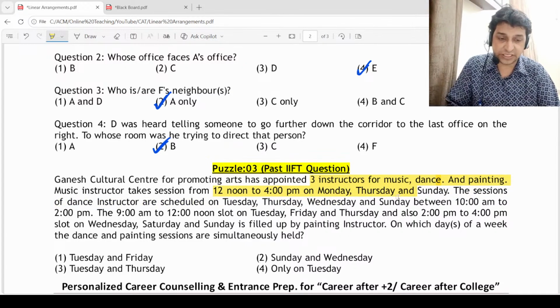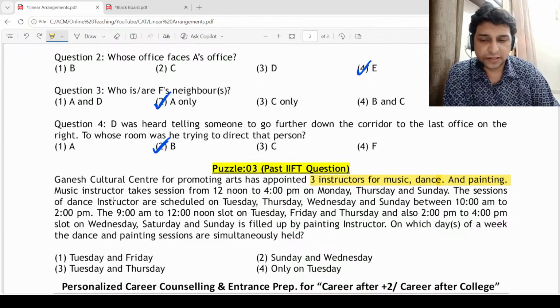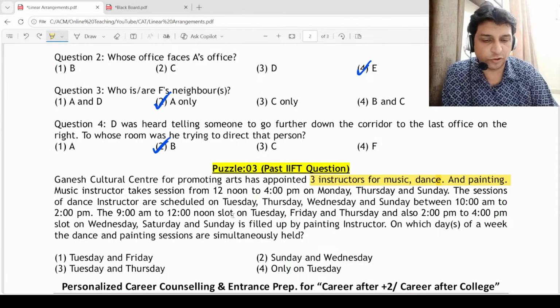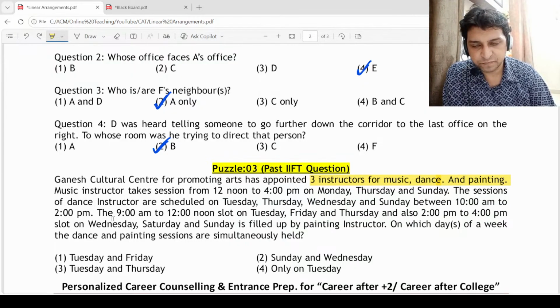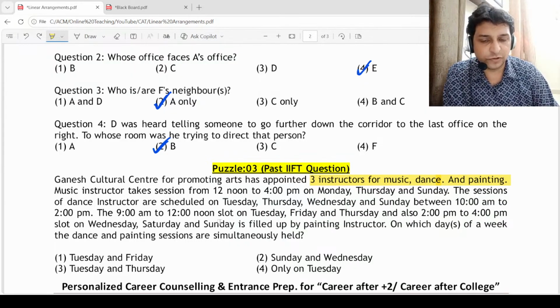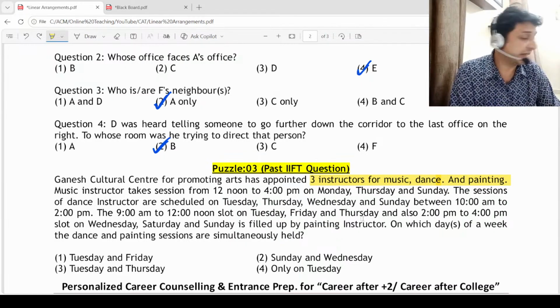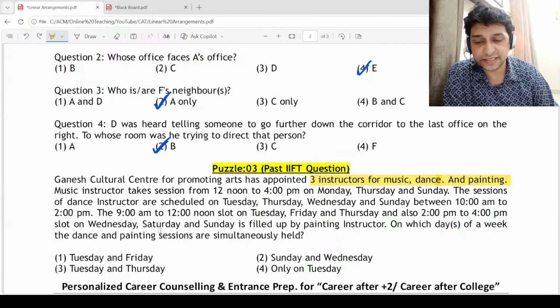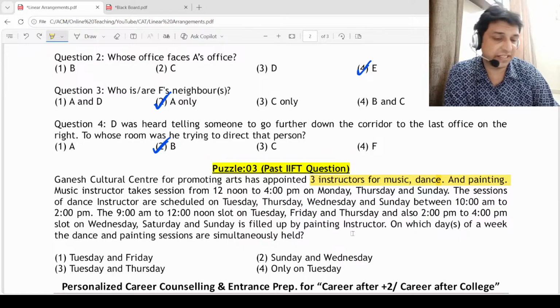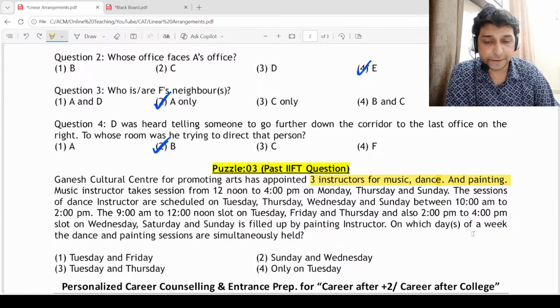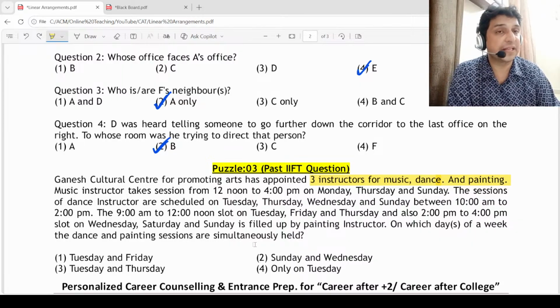So the information is direct to us. The sessions of dance instructors are scheduled on Tuesday, Wednesday, Thursday, and Sunday between 10 a.m. to 2 p.m. The 9 a.m. to 12 noon slot on Tuesday, Friday, and Thursday, and also 2 to 4 p.m. on Wednesday, Saturday, and Sunday is filled up by the painting instructor. On which day of the week are the dance and painting sessions simultaneously held?